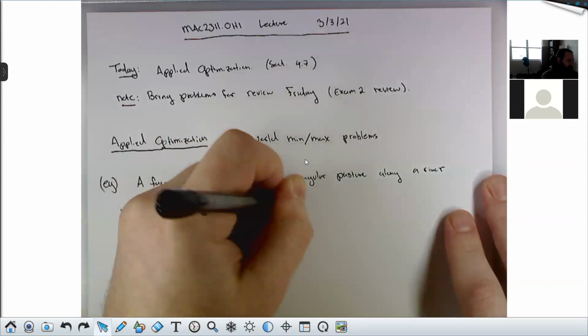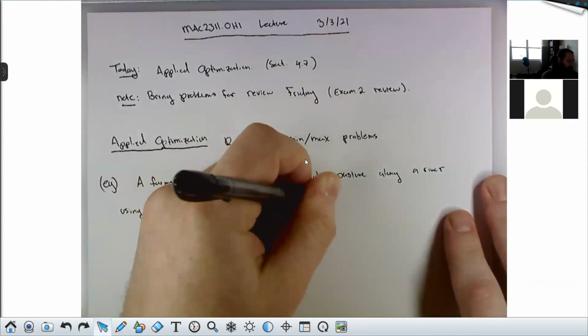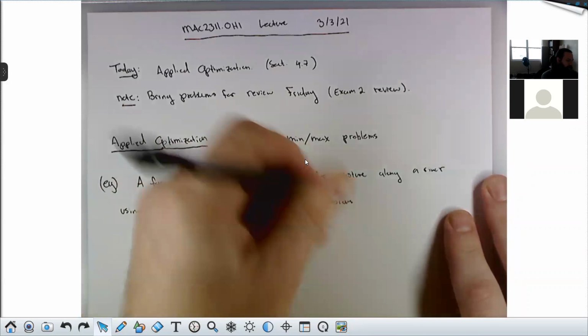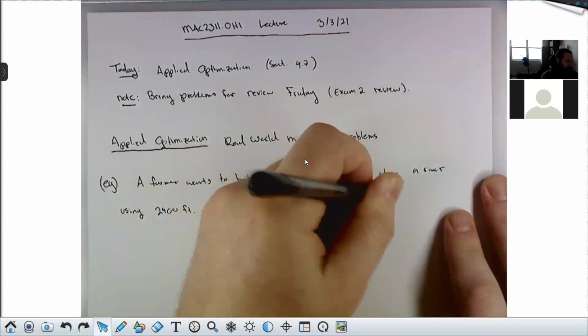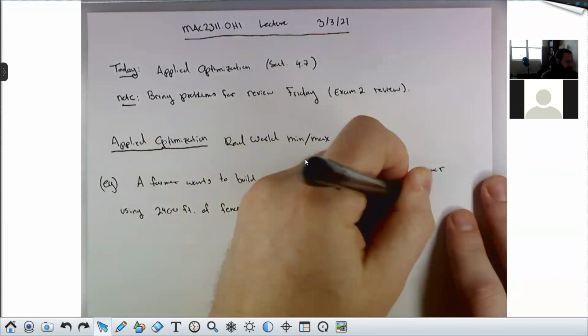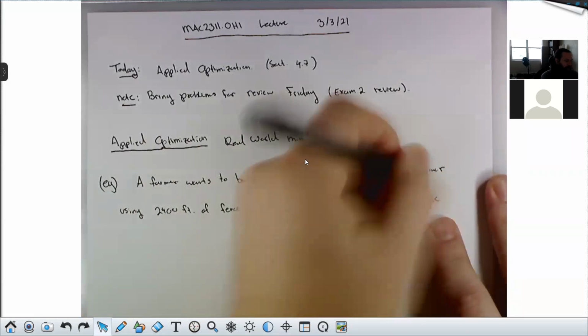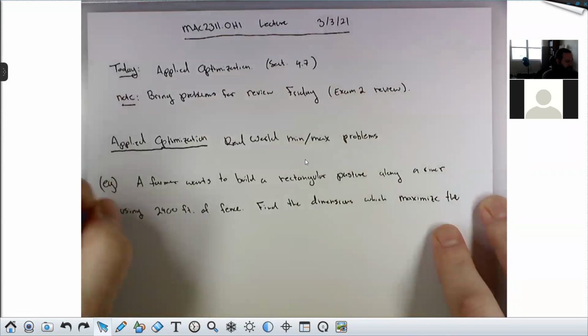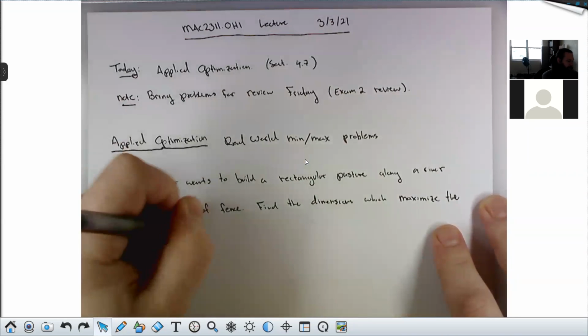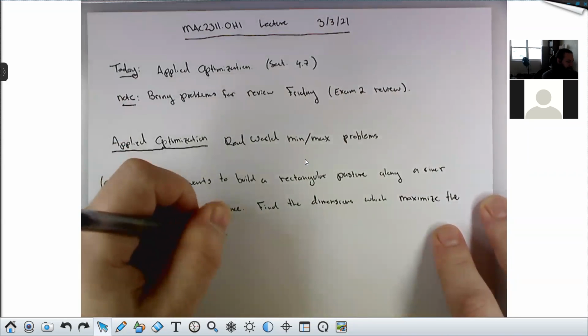Find the dimensions which maximize the area of the pasture.